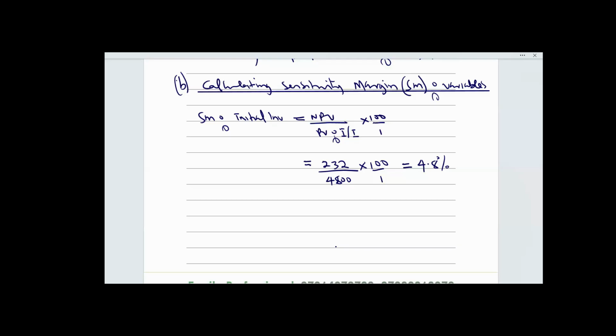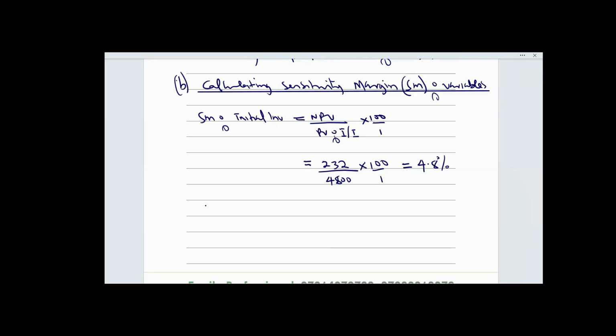If you recompute your NPV and increase the initial investment by 4.8%, you are supposed to get NPV of 0. Any further increase beyond this 4.8 will make the project NPV negative.